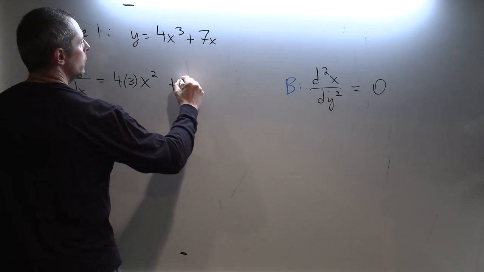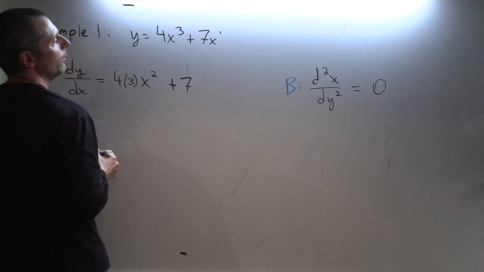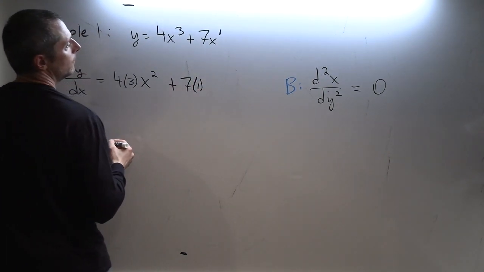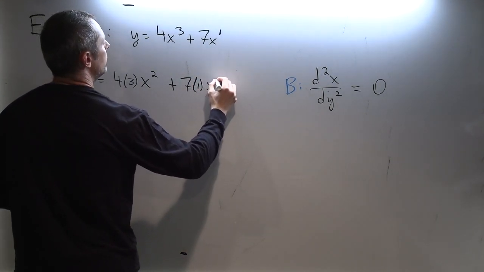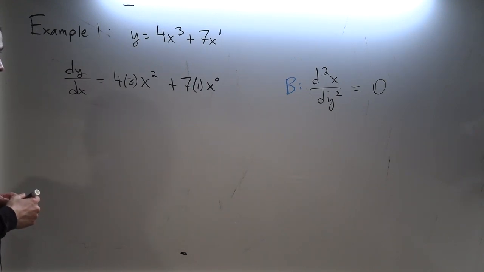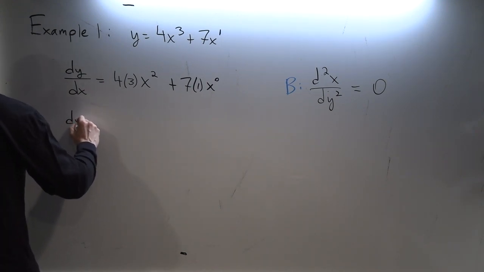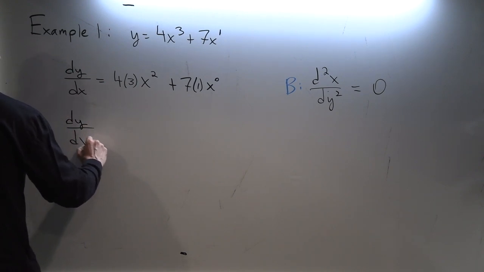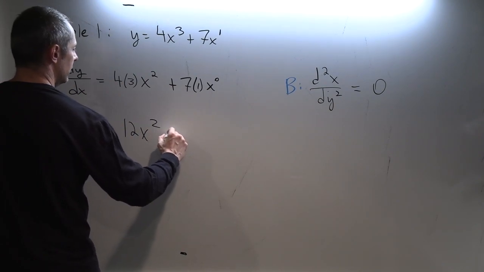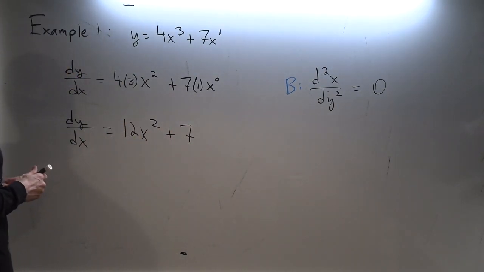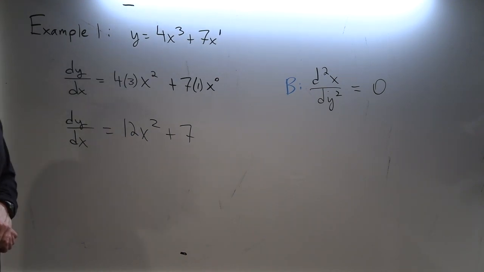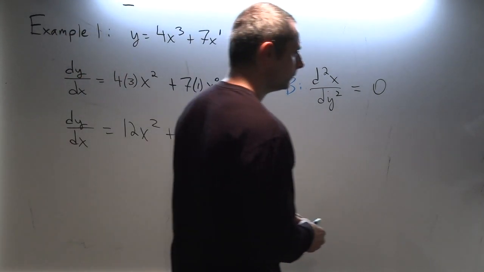And then here, we bring this 1 power to the front, and then we subtract 1 from the exponent, which gives us 1 minus 1 is 0. So in other words, dy/dx is 12x squared plus 7, following the simple power rule on these two functions.